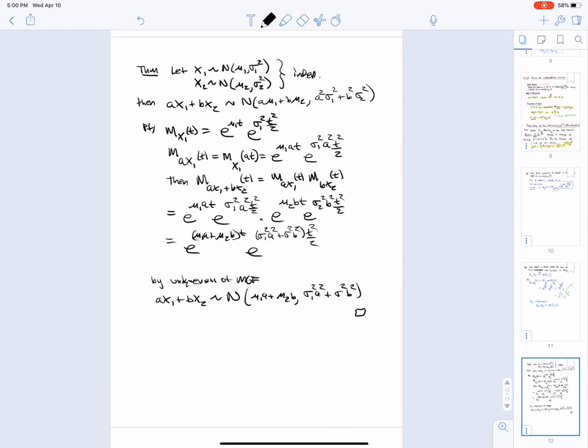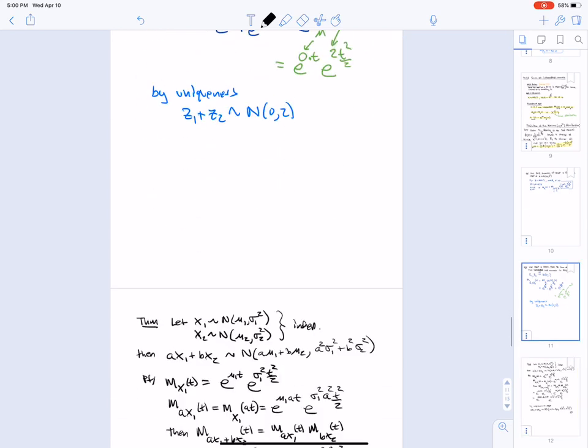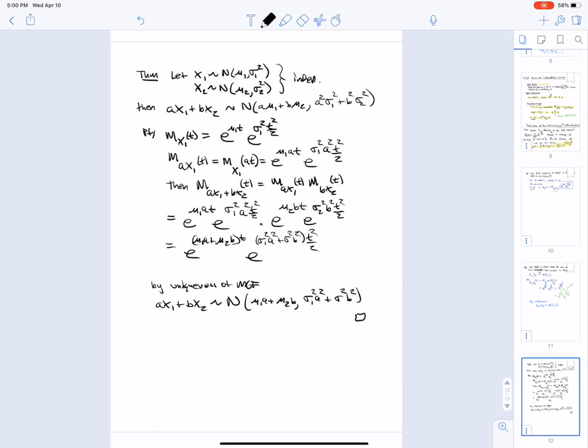So this is a very easy proof. We have the moment generating function for X1. We can figure out what the moment generating function then for aX1 is. And then aX1 and bX2 are independent, since X1 and X2 are independent.